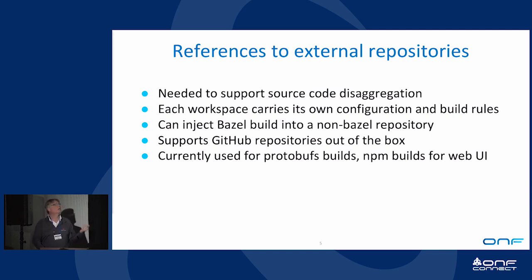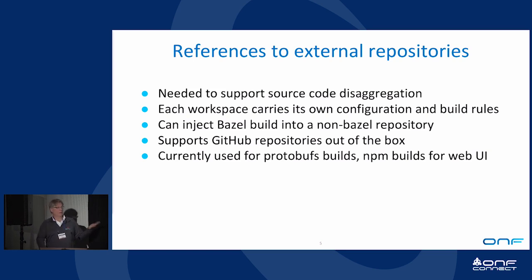Bam, it just works. They had this notion of workspaces, and workspaces carry a set of data to work on, which could be source files, it could be resources, it could be all kinds of things, and then the build rules to build them. There's also another thing that we use, which is this injection model. So say I'm using somebody's library that I really like, but they're building with Maven.